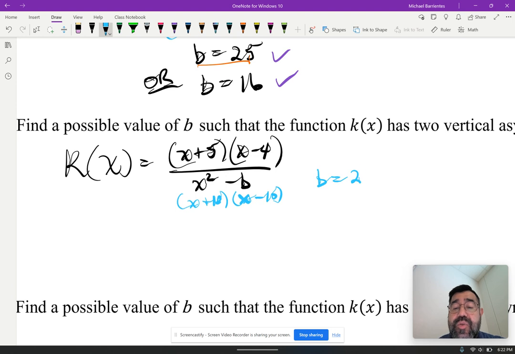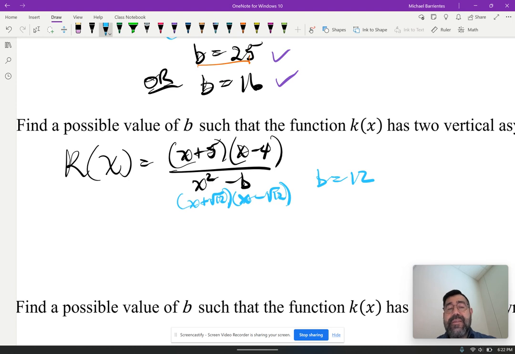B could be 12, and then this is x plus the square root of 12 and x minus the square root of 12. Again, nothing's going to reduce. I'm left with two factors in the denominator, and they represent the two vertical asymptotes that exist.